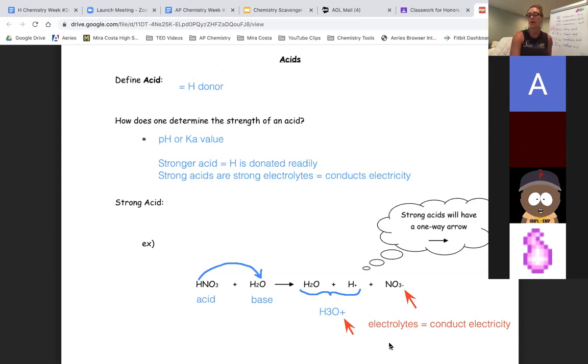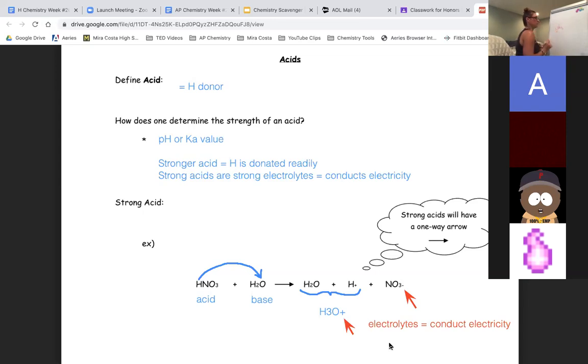So that's why strong acids are strong electrolytes. Okay, so essentially what's happening is I've got this nitric acid, and this hydrogen falls off of the molecule.